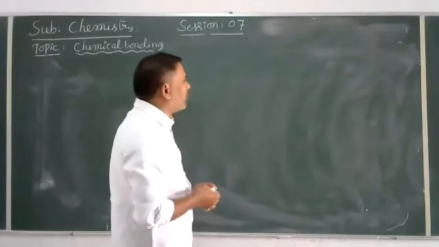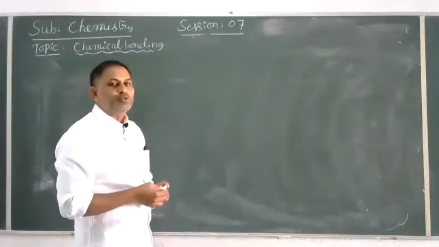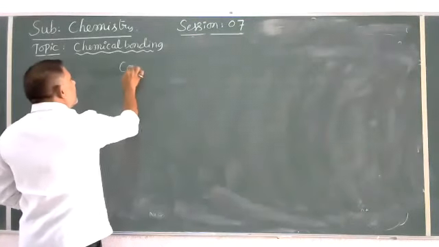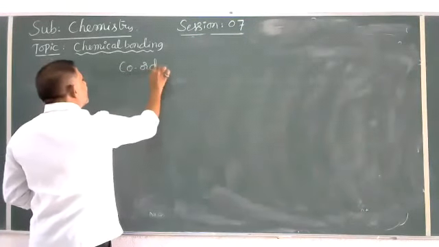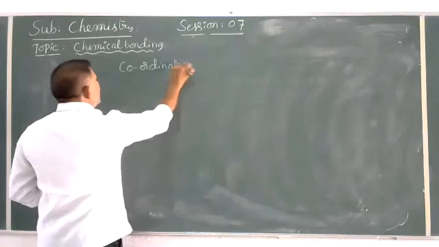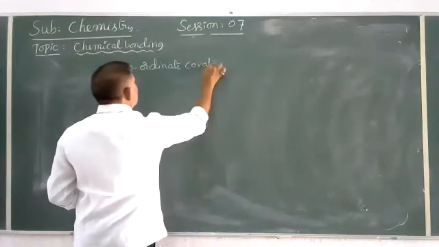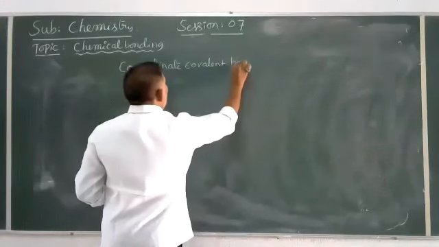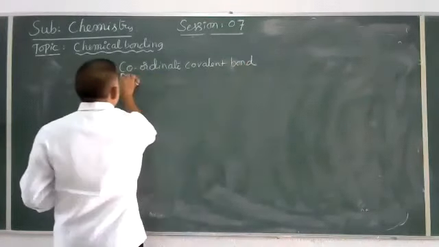That coordinate covalent bond is also called a dative bond.